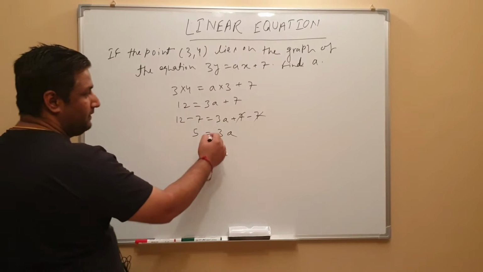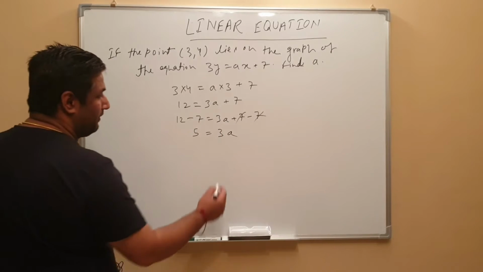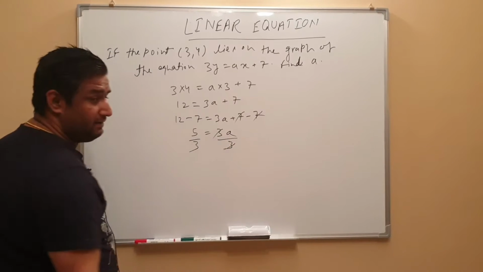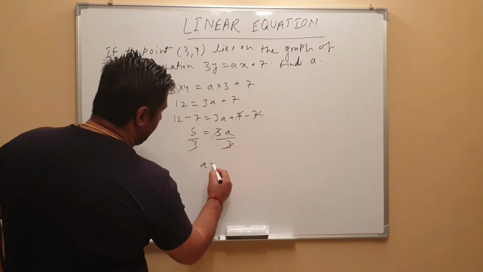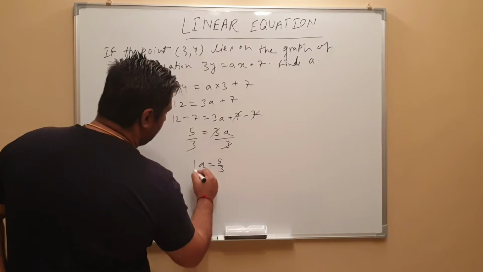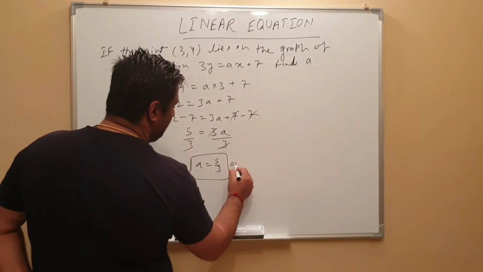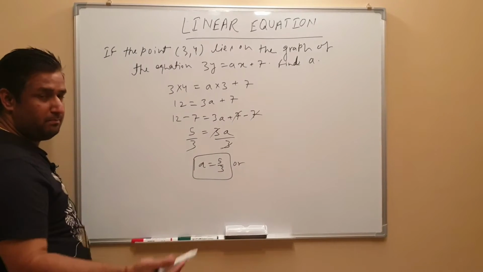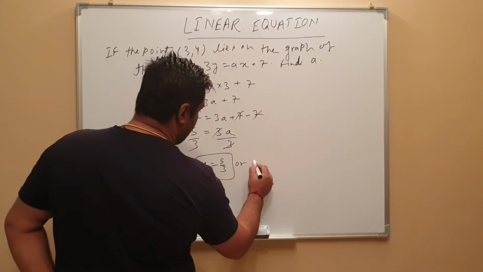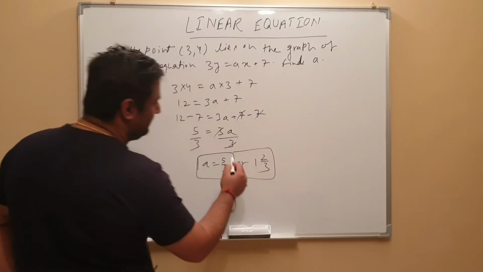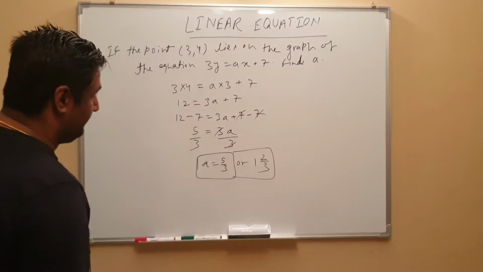Now we have to get rid of this 3 also, so we divide both sides by 3. The 3s cancel, and we get the value of a as 5 over 3, or you can write it as the mixed fraction 1 and 2 over 3. Both answers are correct.